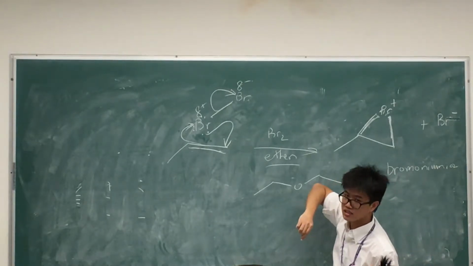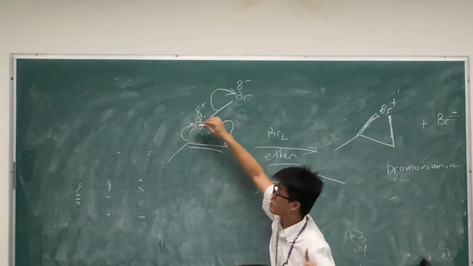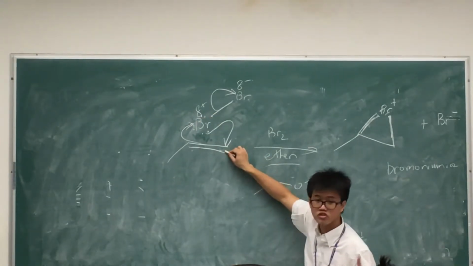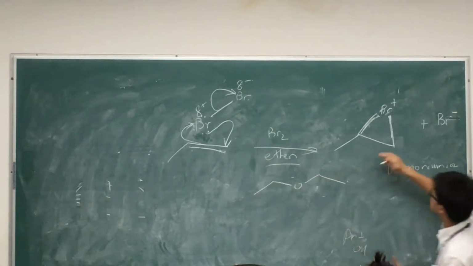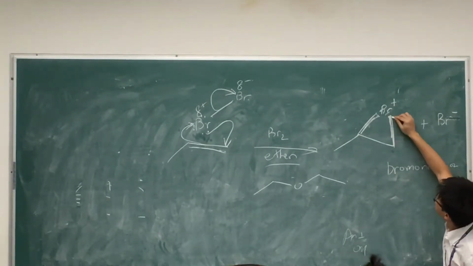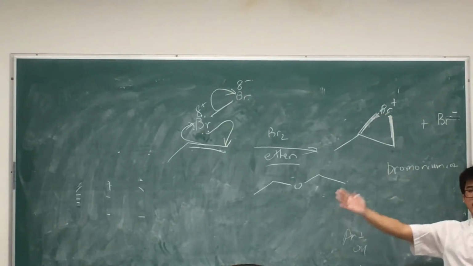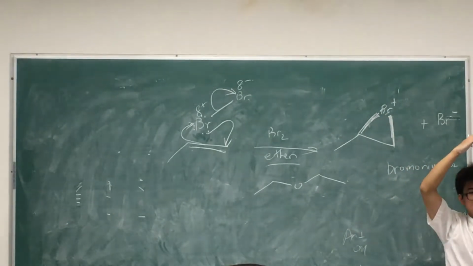And then this one has a lot of electrons too, right? It will donate electrons back to the alkene to form the ring structure. Do you know what is the meaning of this one? They are on the same side.